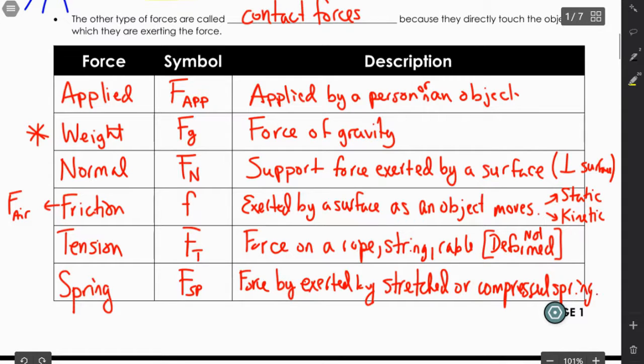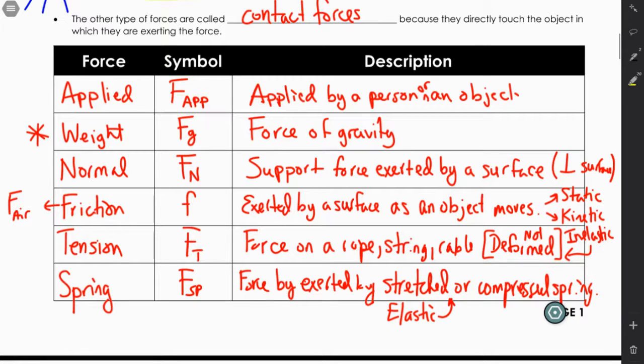Where it really boils down to is these are also elastic materials. Most of the time, tension is more inelastic. We don't want them to deform. We don't want them to stretch or compress.